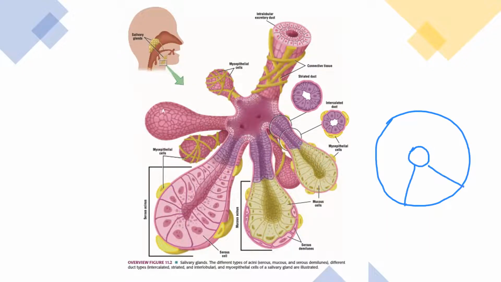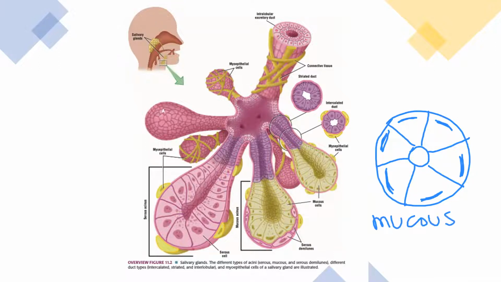They come near each other and they can make one group. If the nuclei of the cells are located at the base of the cells and are flat, this acinus is called a mucous acinus.